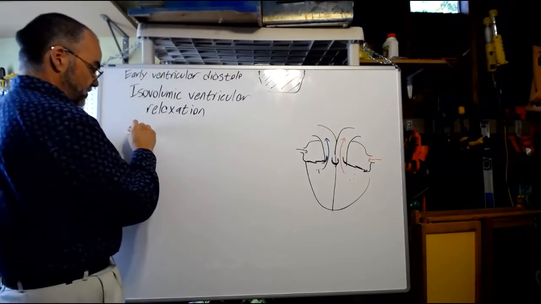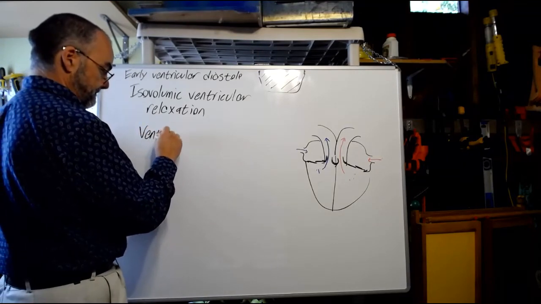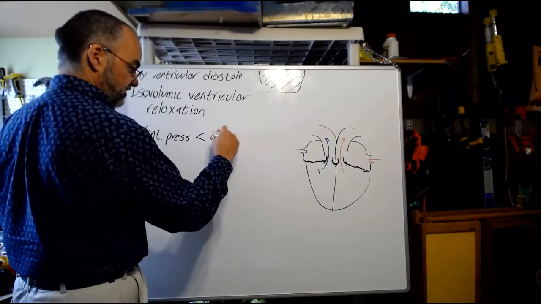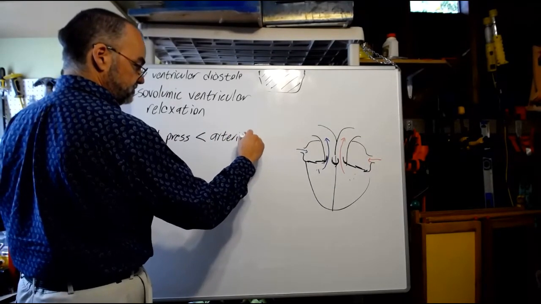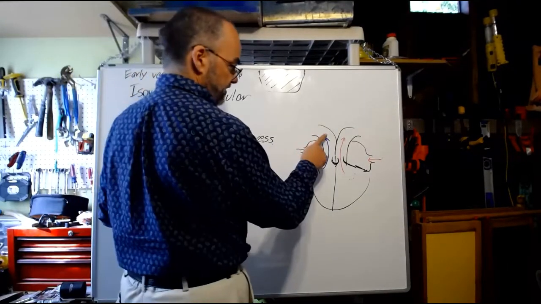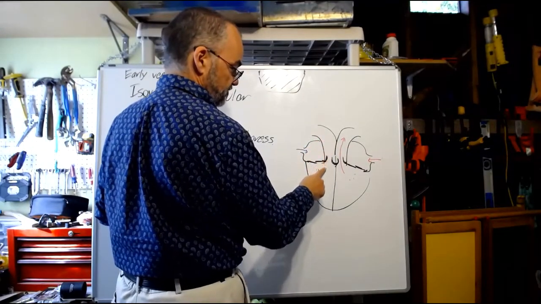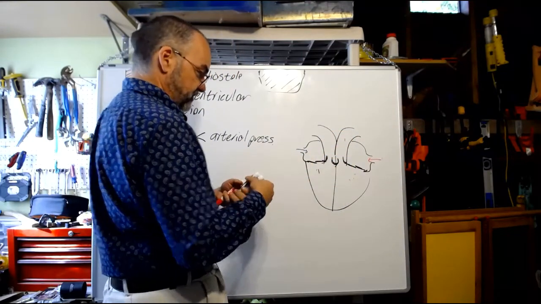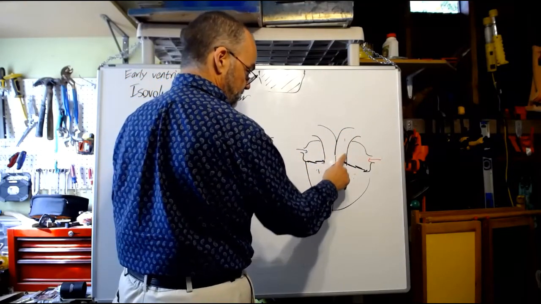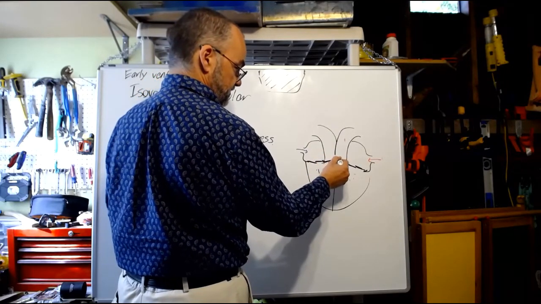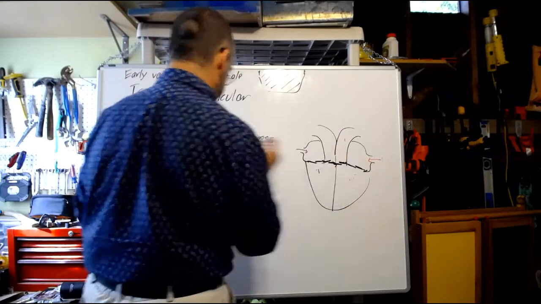This happens when the ventricular pressure drops lower than arterial pressure. So when that happens, blood is going to try to flow backward from arteries to ventricles, but it's not going to be able to because that will cause the semilunar valves to close.